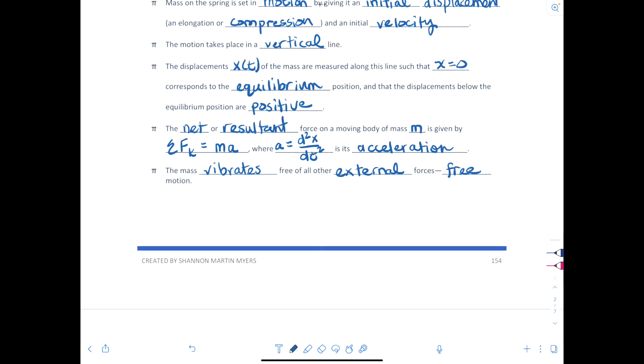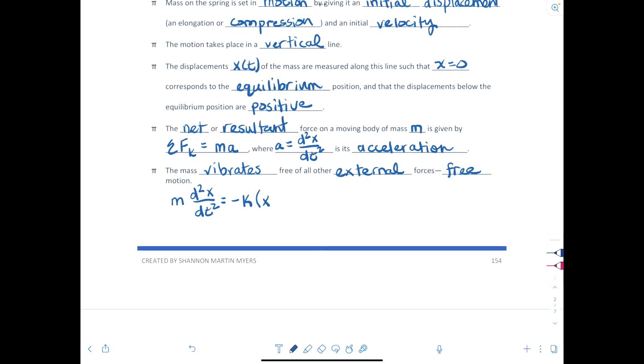We've got m times the second derivative of x with respect to t. This is going to equal, so this will be our F1, our force 1, the restoring force. So we would have negative k, and instead of just s, we're going to have that amount.